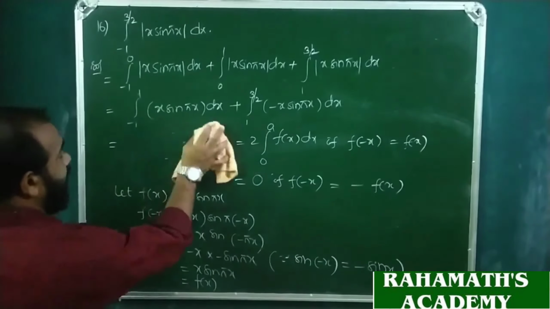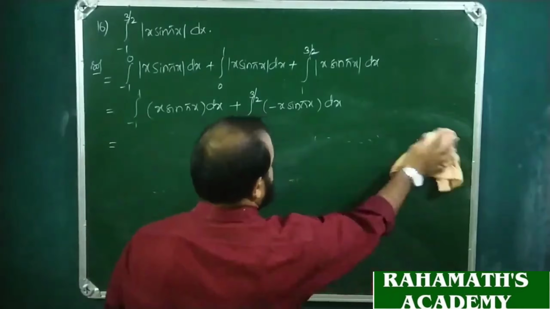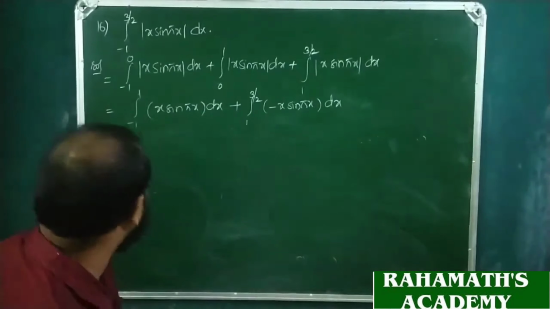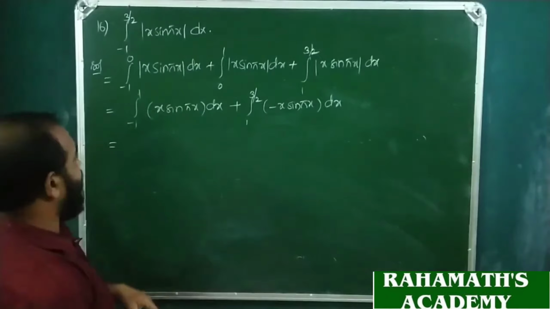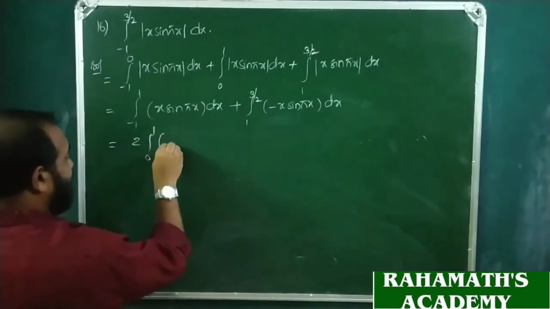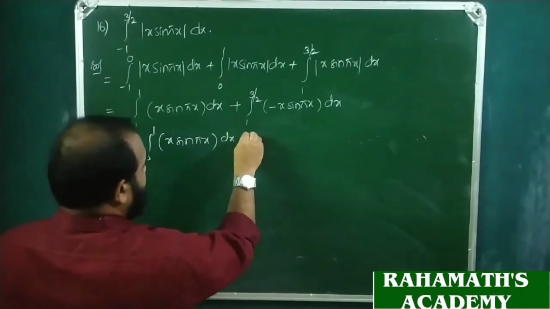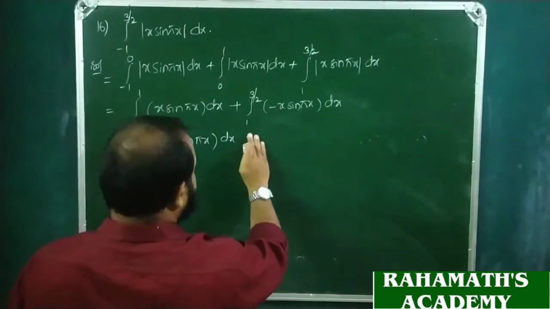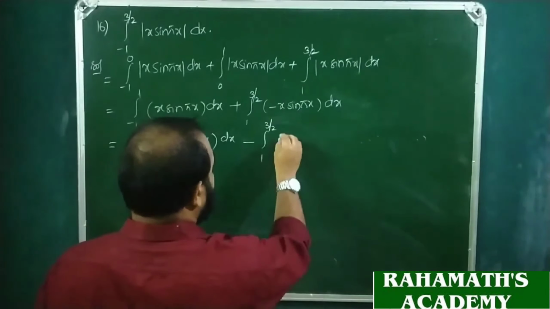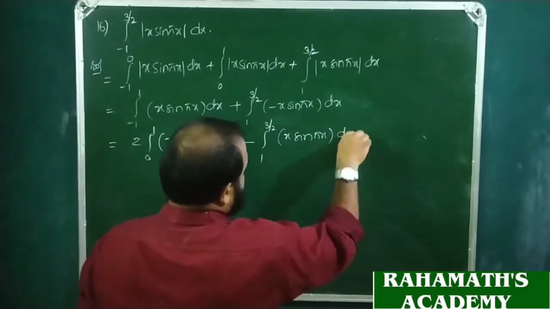So this can be replaced as, since it follows the property, 2 integral 0 to 1 x sine pi x dx plus into minus, so minus integral 1 to 3 by 2 x sine pi x dx.